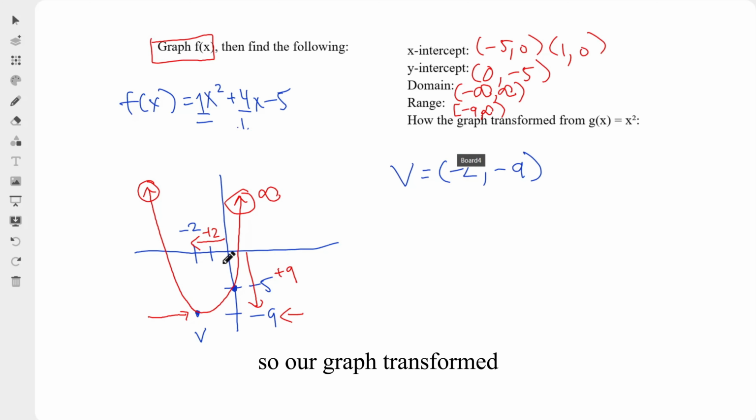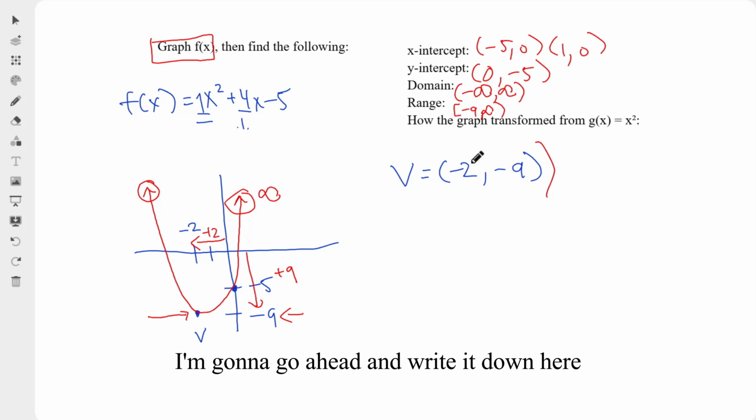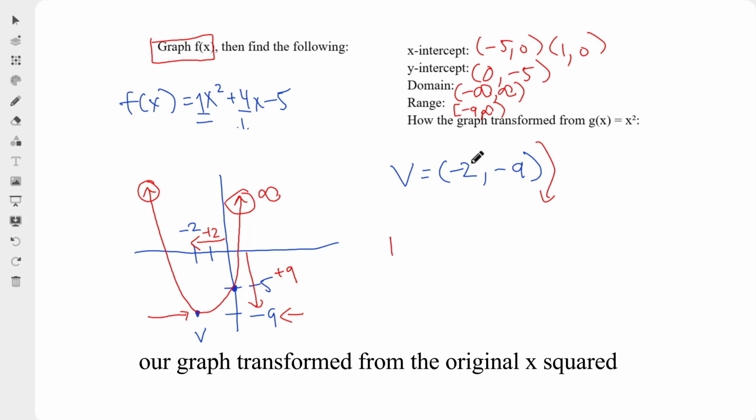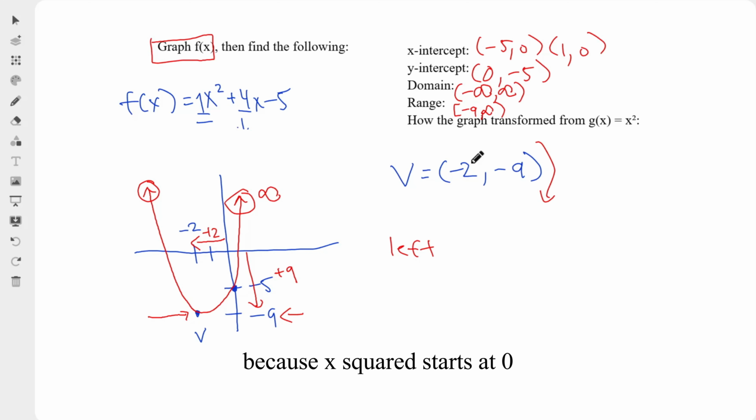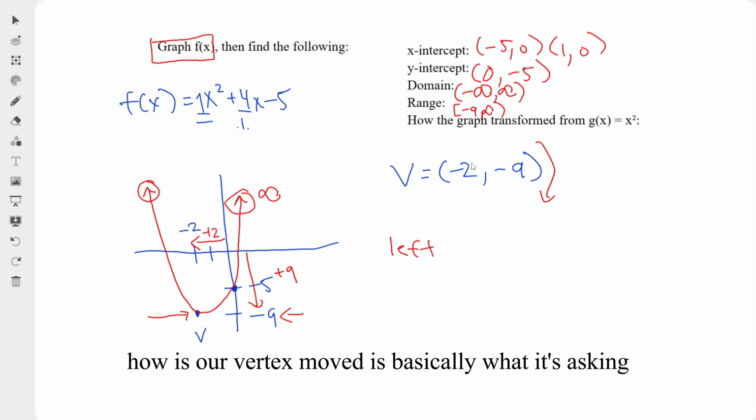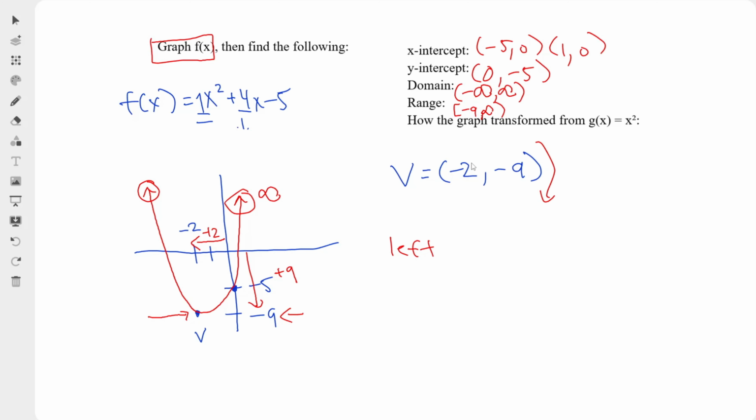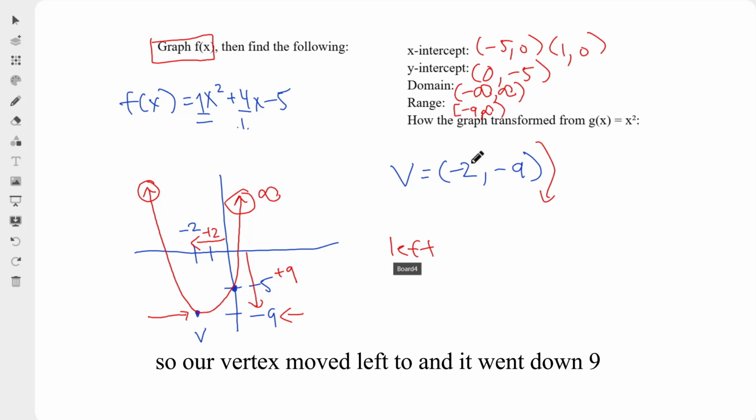So our graph transformed from the original x squared because x squared starts at 0, 0. So it's basically asking how has our vertex moved. So our vertex moved left 2 and it went down 9.